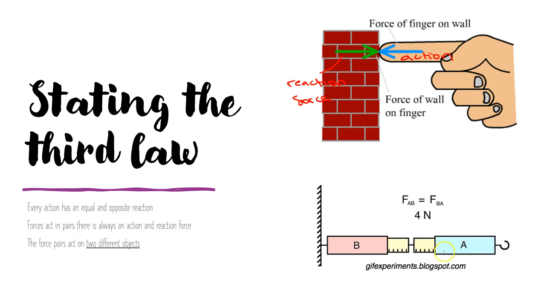As spring balance A is pulled away, spring balance B, the amount of force acting on it is exactly the same. So A pulls on B with the same amount of force that B pulls on A, and therefore the action force and the reaction force are always equal.